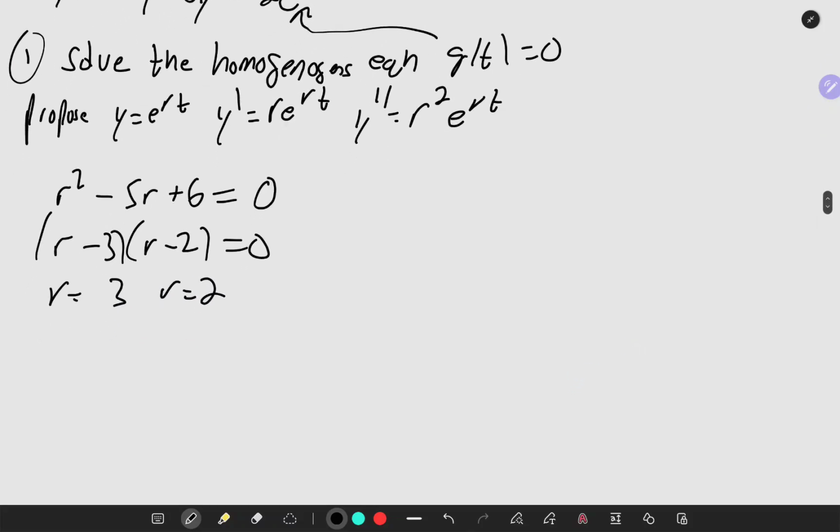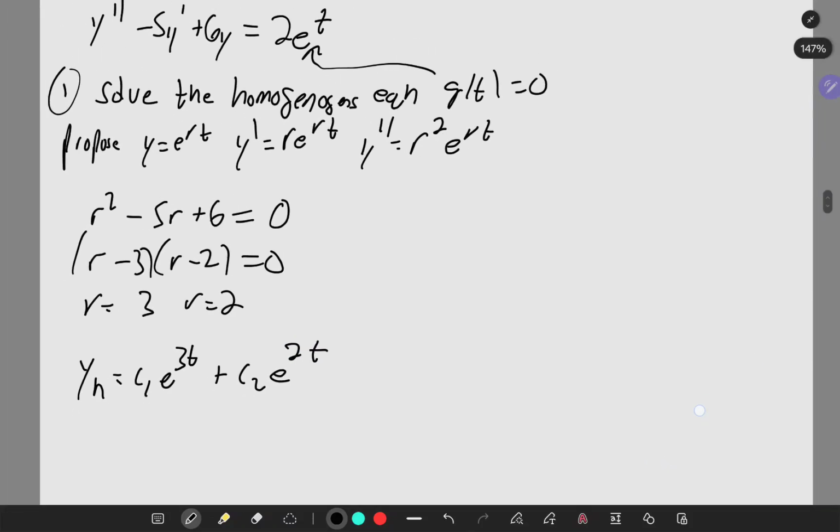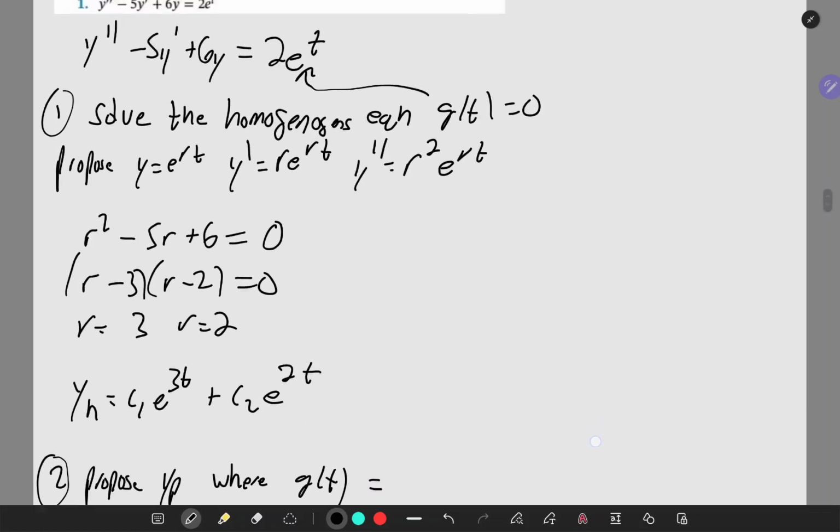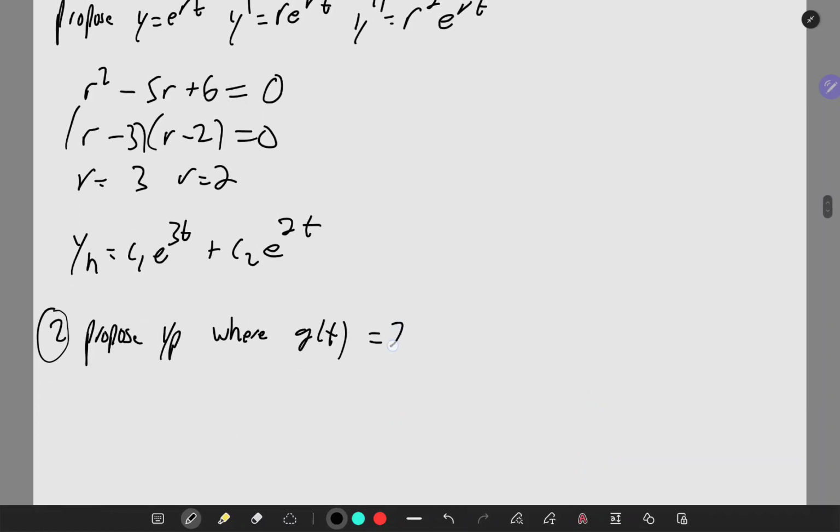So our y sub h would be c1 e to the 3t plus c2 e to the 2t. And now from here, we can propose y sub p, where our g of t is 2e to the t.